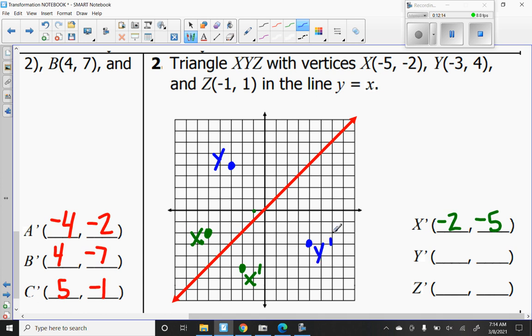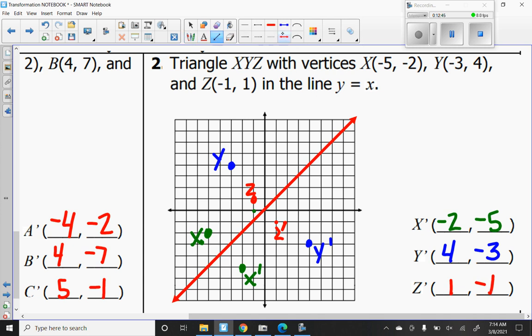There's my new Y. And that's going to be 1, 2, 3, 4, 1, 2, 3, 4, -3. And then my last point in red, which will be Z, -1, 1. And that's a full diagonal. There's my Z over here. So that's 1, -1.